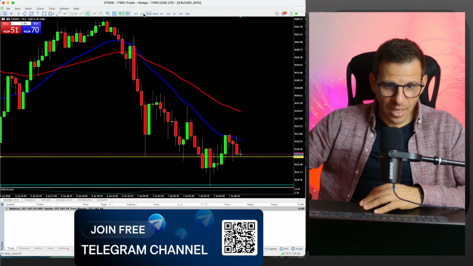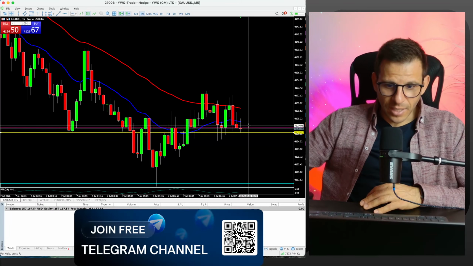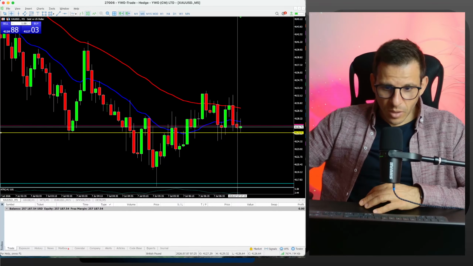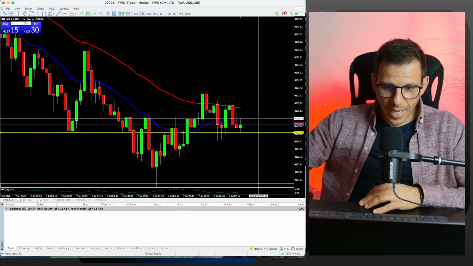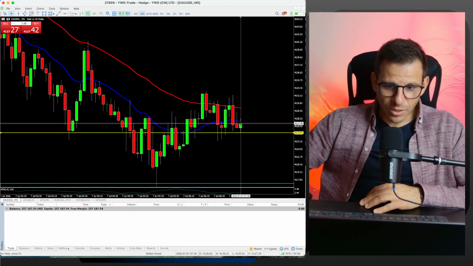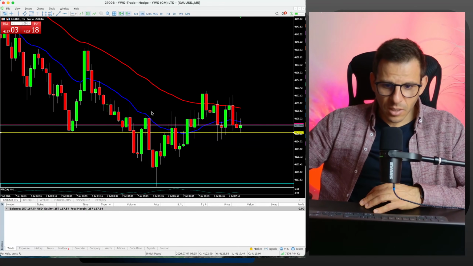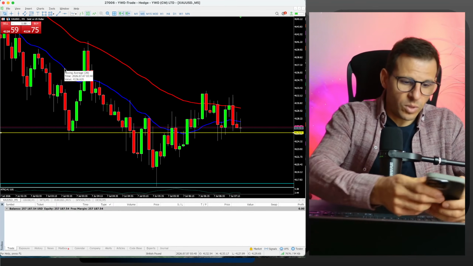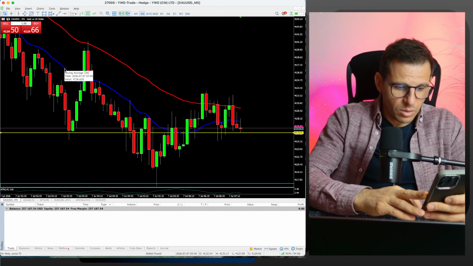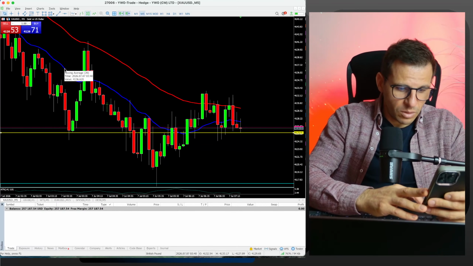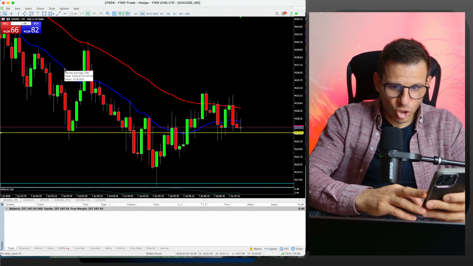Anyhow, now it's in a downtrend, and what I see on the 5-minute chart is this kind of momentum building to the downside. I'm going to go ahead again with low risk, and I'm going to trade with the trend here.